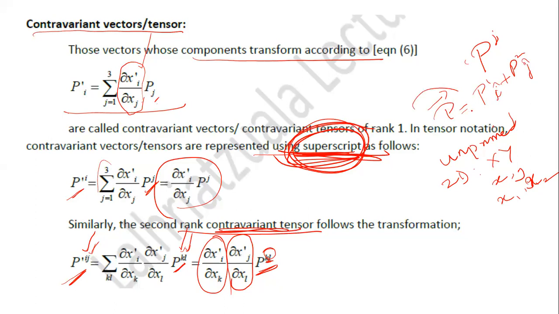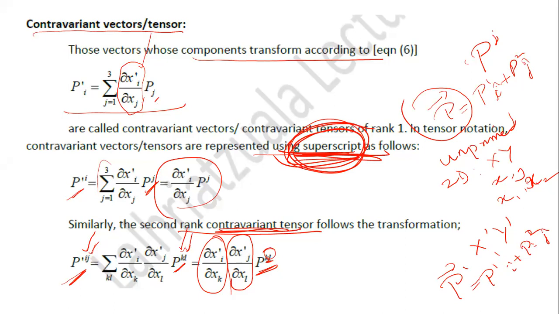If you measure this same velocity in another coordinate system, the primed system x prime y prime, we denote the quantity as P prime, with components P prime 1 i cap and P prime 2 j cap.